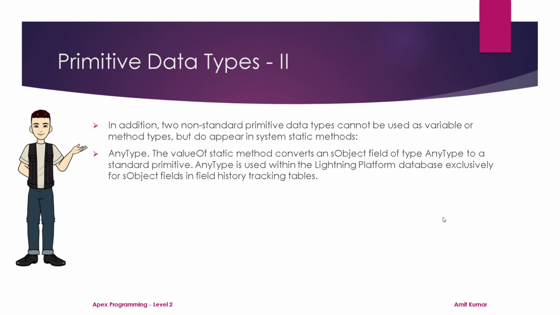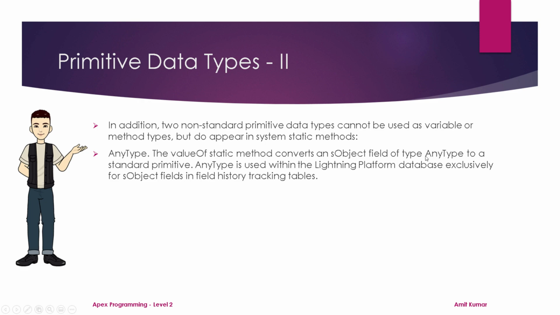Now there is a static method known as valueOf. The valueOf static method converts an sObject field of type AnyType to a standard primitive. Now AnyType is used within the Lightning Platform database exclusively for Salesforce object fields in field history tracking tables.